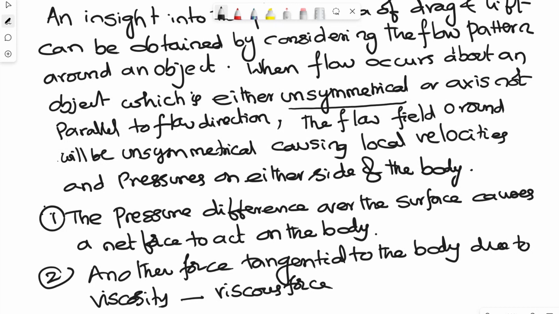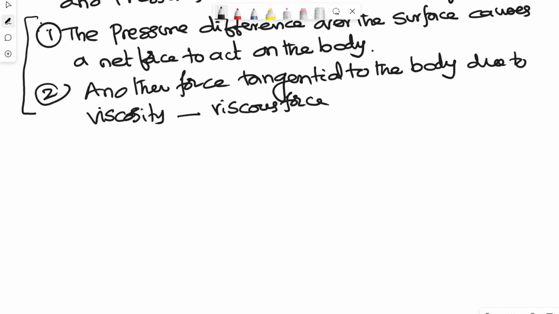First, the pressure difference over the surface of the body causes a net force to act on the body. Second, due to the viscosity of the flowing fluid, there will be a force tangential to the body, which is nothing but the viscous force. These two forces together cause the drag and the lift. That is what I wish to convey.